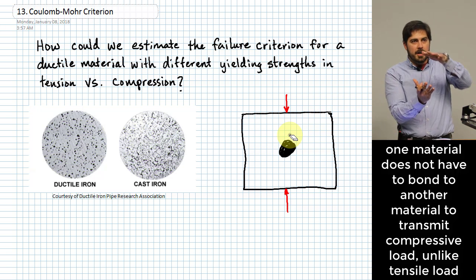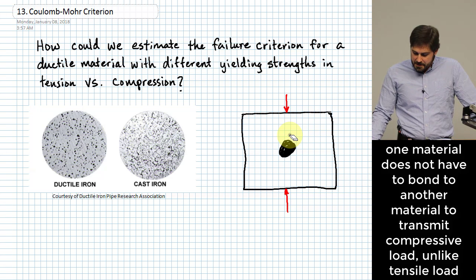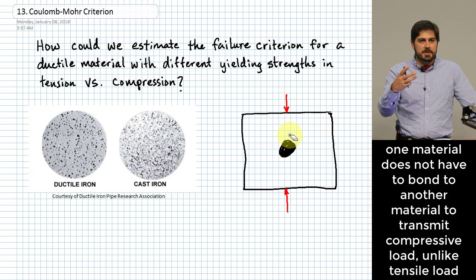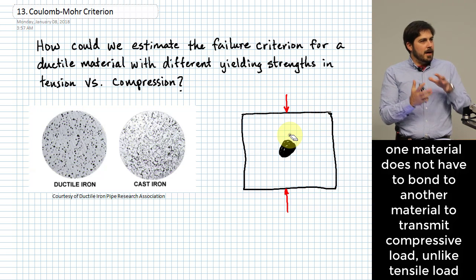The iron can put a compressive force on the graphite, and the graphite can actually help to support some of that load. I'm using the example here of ductile iron, but this is really true for any material where you have a matrix of material that's primarily responsible for things like strength or tension, with another type of material included in it.